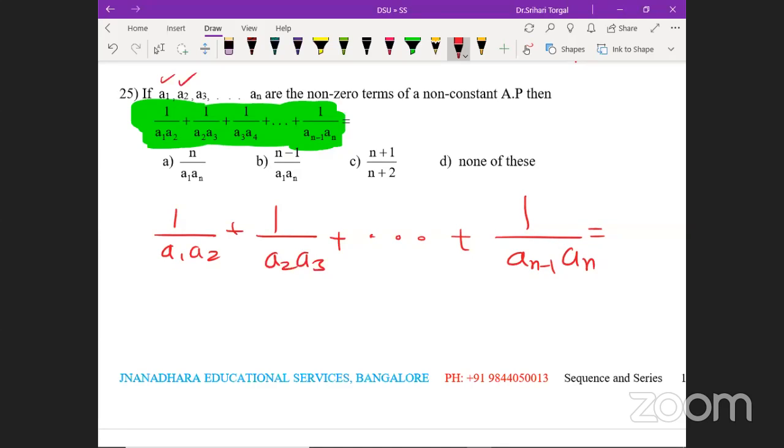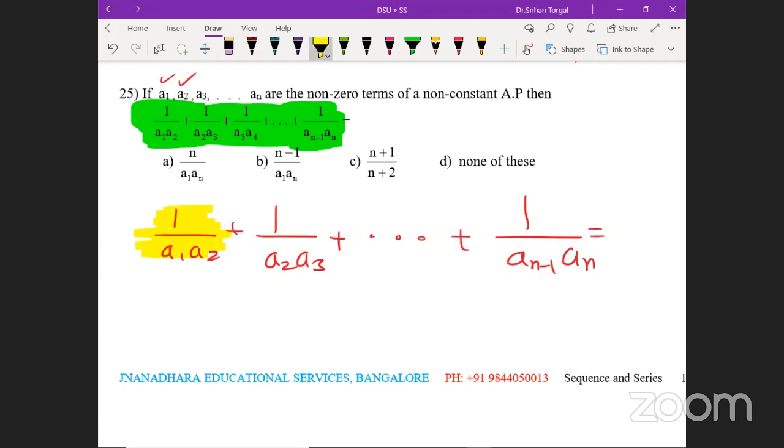I will give you one short trick here. Just count. I'll tell you how to write the answer directly. Take A1 A2, A2 A3, up to AN minus 1 AN. Just find out how many terms are there.